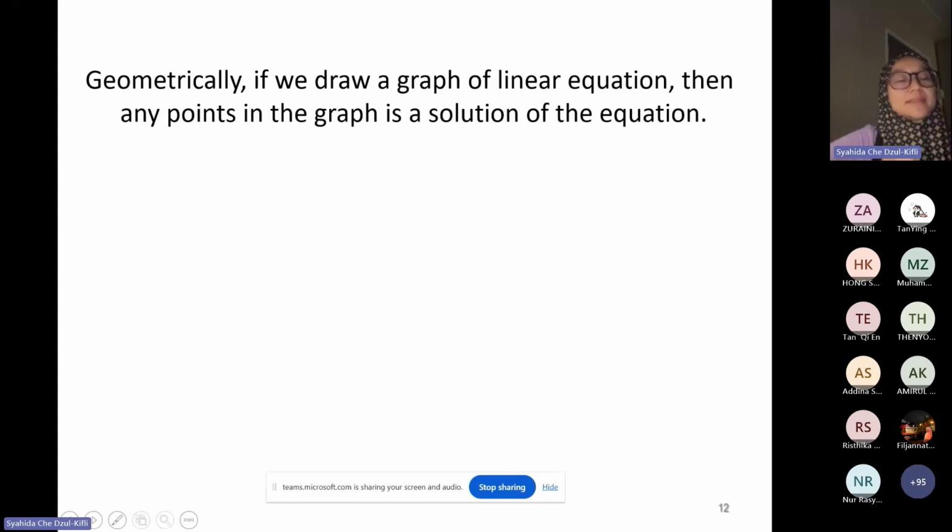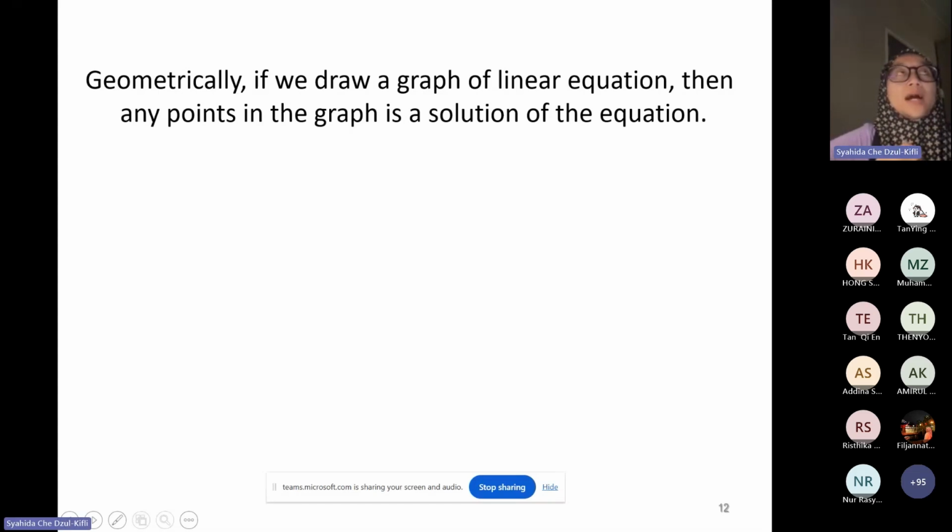Again, geometrically, if we are able to draw the graph of a linear equation, then any point on the graph is a solution of the equation.